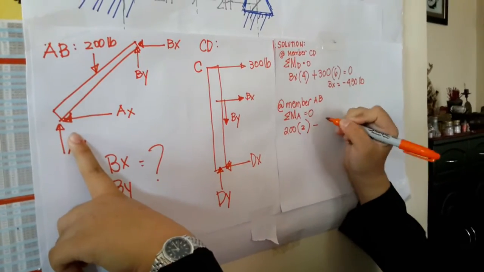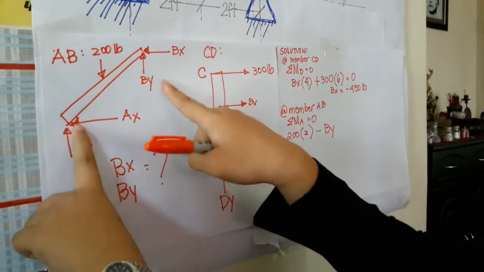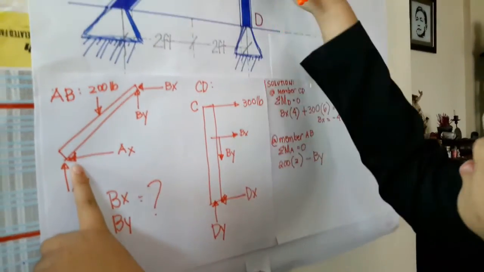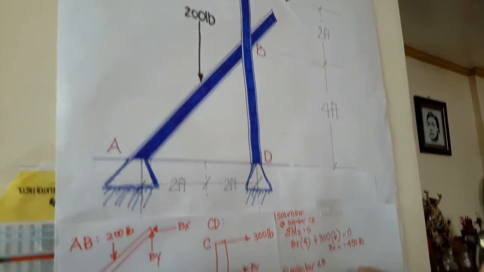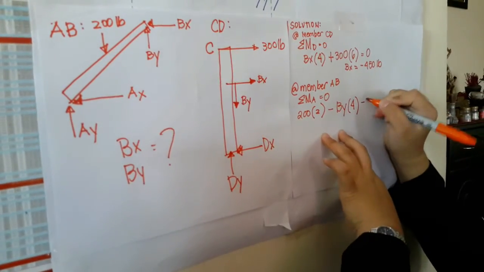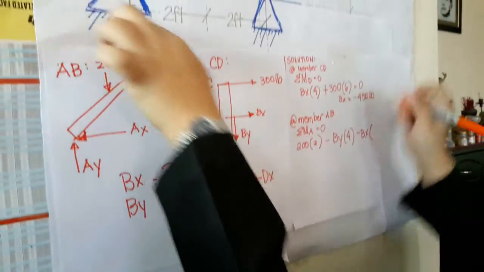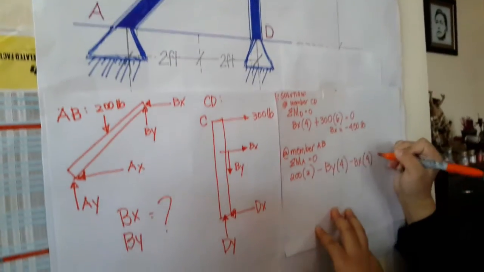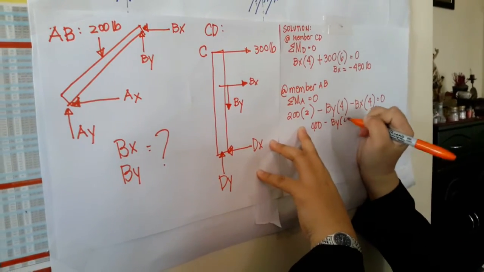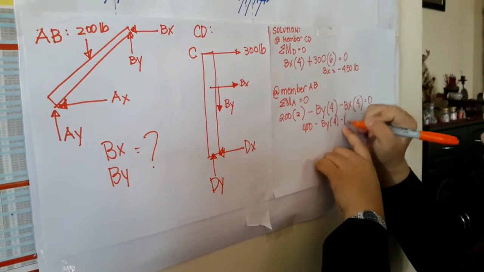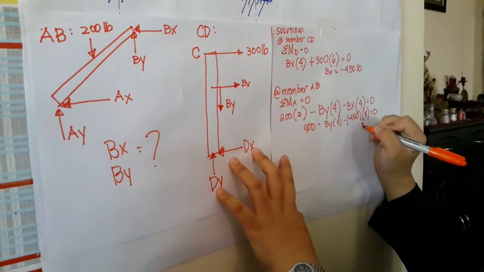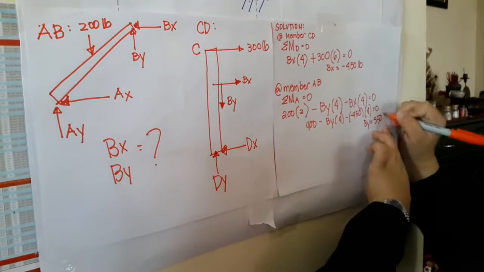And negative By, because the direction of By is counterclockwise, and the distance is 4. Also Bx is counterclockwise, so it's negative, and the distance is 4 feet, equal to 0. So we have 400 minus 4By, and with the value of Bx as negative 450, minus 4 times 450, equal to 0. So we get the value of By as 550 pounds.